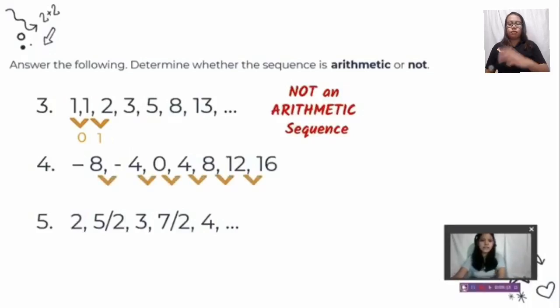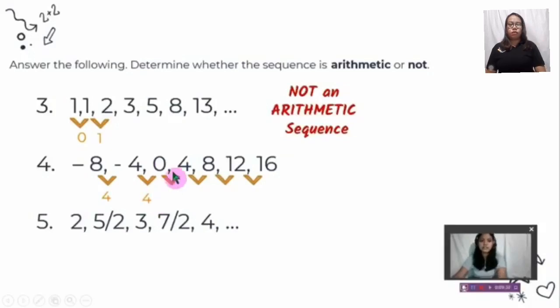For number 4, our given is negative 8, negative 4, 0, 4, 8, 12, and 16. Getting the difference, negative 4 minus negative 8, negative 4 plus 8 na siya. So, 4. 0 minus negative 4, magiging na siyang 0 plus 4.